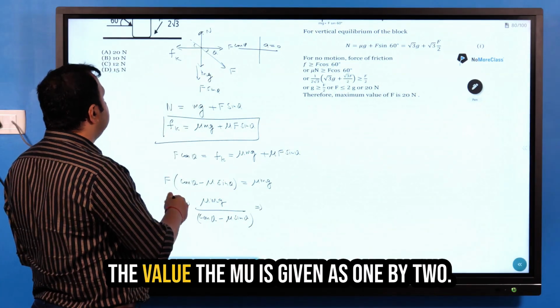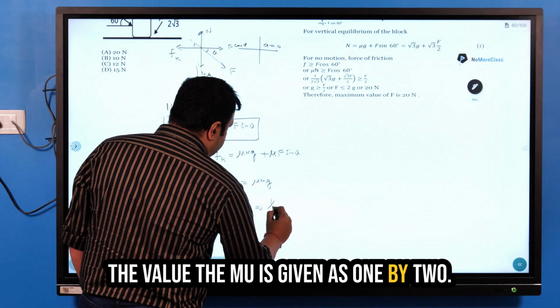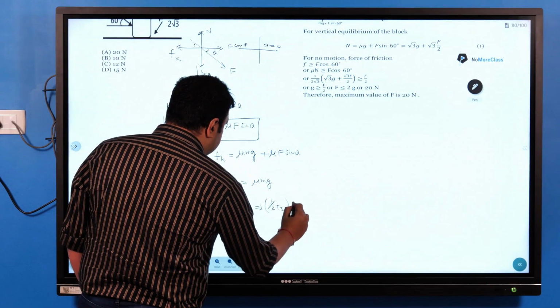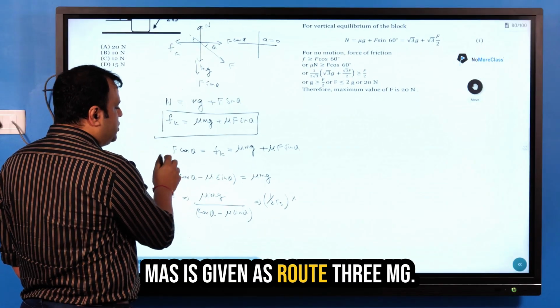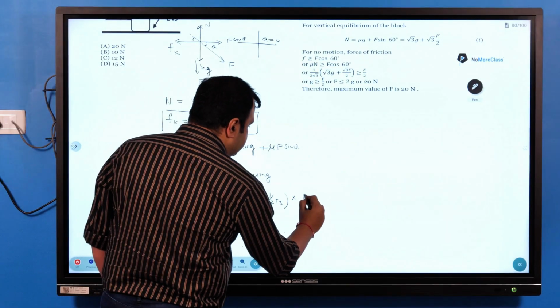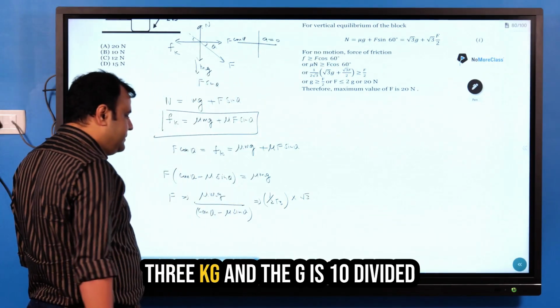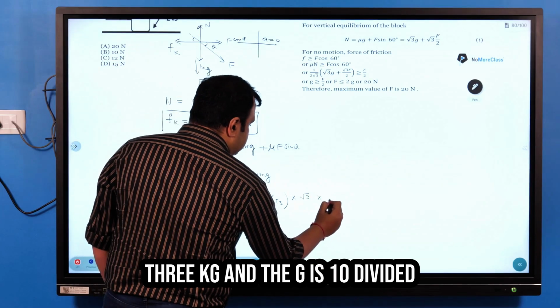Now let's write the value. The mu is given as 1 by 2 root 3. Mass is given as root 3 kg. And the g is 10.